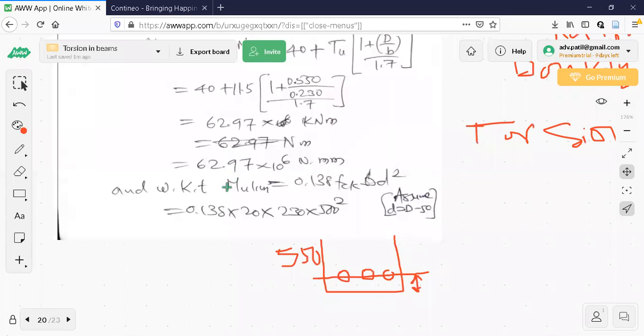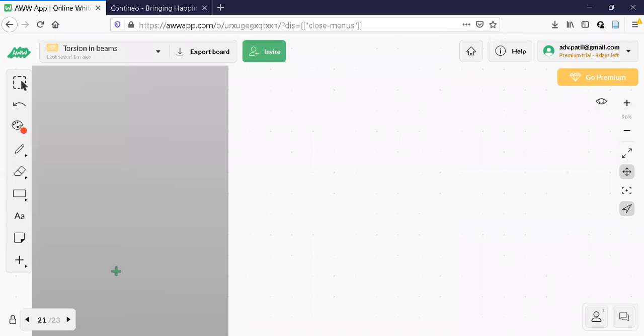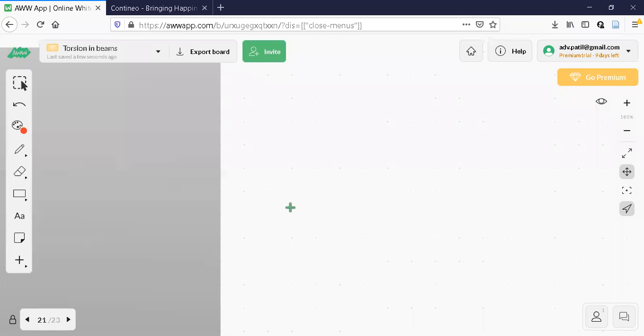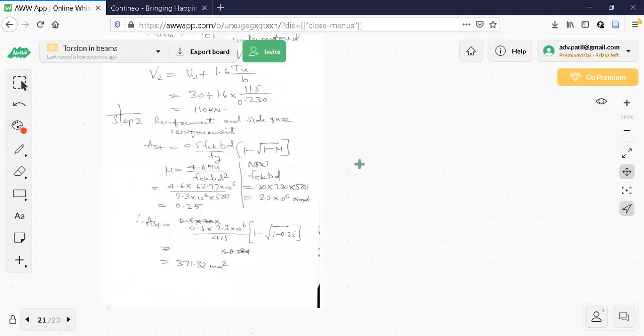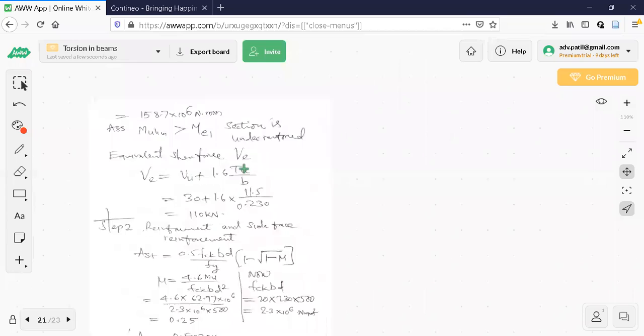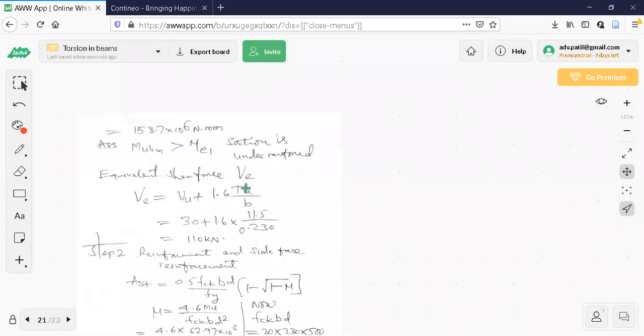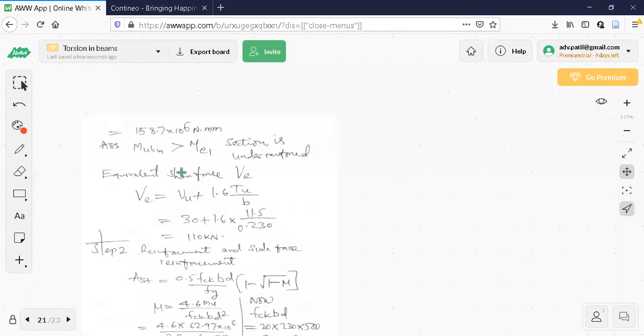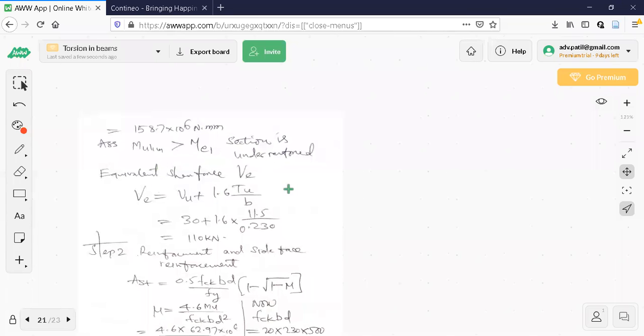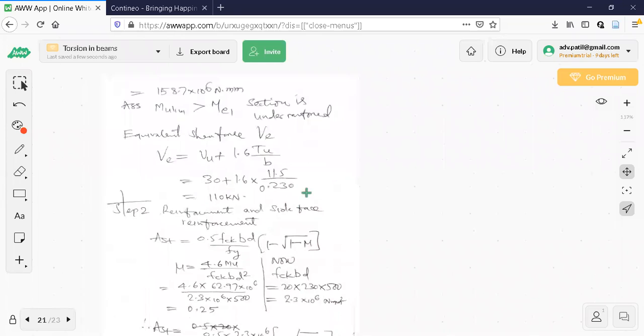Now Mu limit will be more than this. You calculate this one. See this one here. It is 158.7, which means Mu limit is more than equivalent total bending moment. So it means Mu limit is higher, means the section is under reinforced.